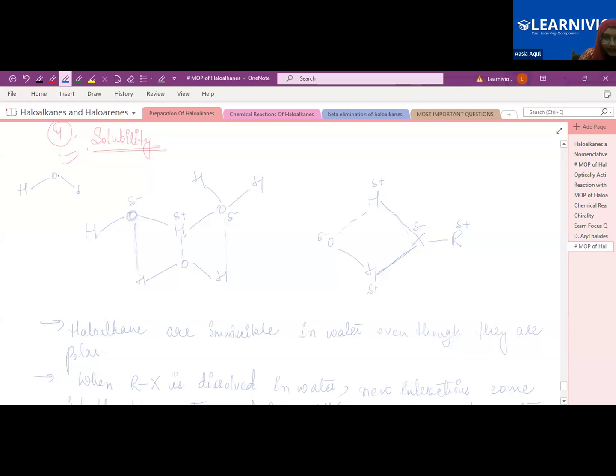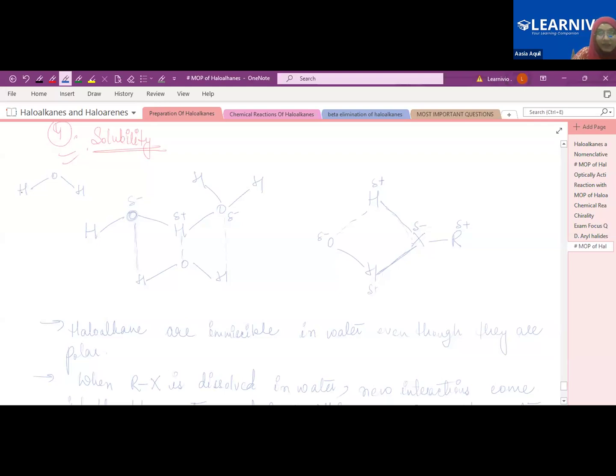The structure of water is H2O, two hydrogen and one oxygen, right? You can see that to the hydrogen there is an oxygen linked, and oxygen is more electronegative than the hydrogen, it is one of the most electronegative elements.